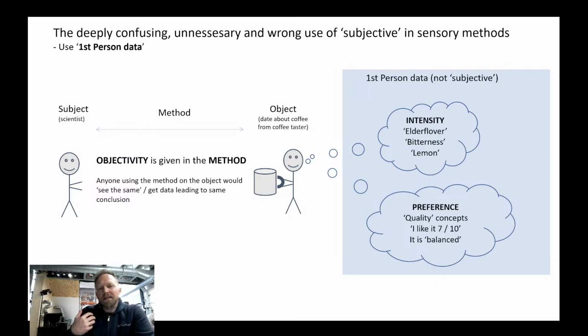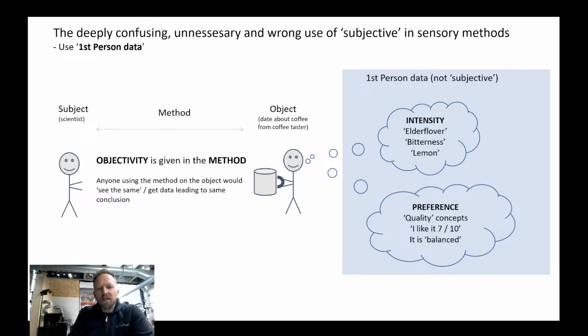So the subject in science is the scientist. So subjectivity has got nothing to do with the object of investigation, which is the person tasting the coffee. So as long as the methodology is solid, it gives you objective data, even about people's preferences or about intensities.